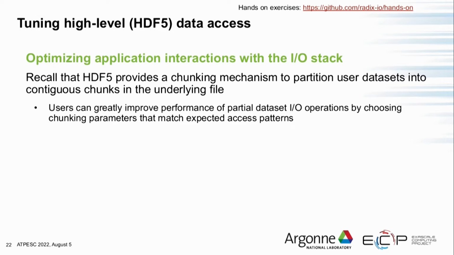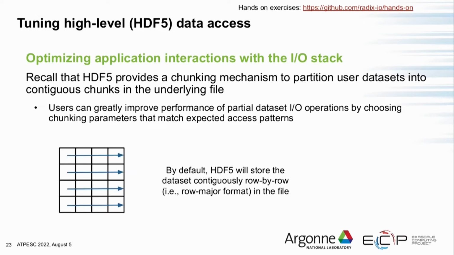So if you have some understanding of how your application is accessing data stored in an HDF5 data set, you might be able to tune the chunking parameters so that you can get bigger, more performant accesses and get the data out a little bit faster. And we'll show what this looks like with a series of different figures here.